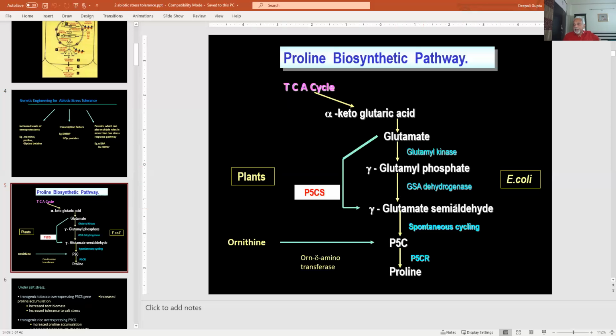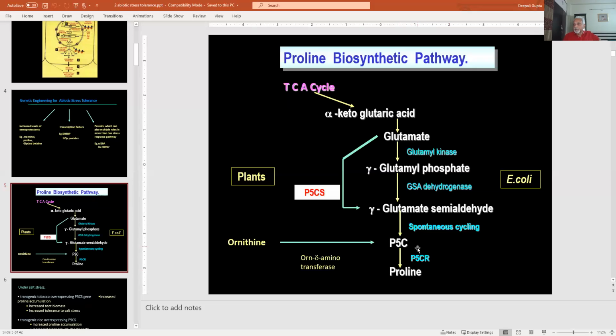Then there is a chemical reaction, cyclization of this product, which gives P5C, or pyrroline 5 carboxylate, which is then acted upon by the product of Pro-C, that is P5CR, pyrroline 5 carboxylate reductase, which converts P5C to proline.